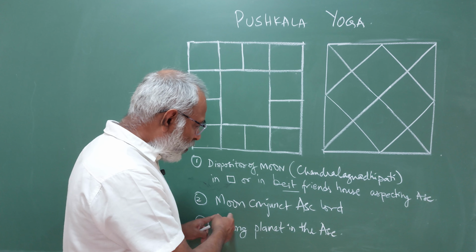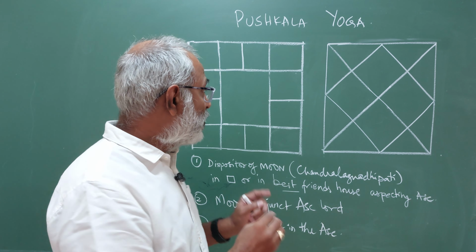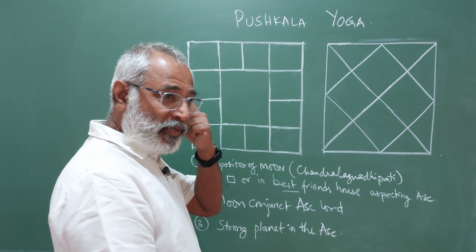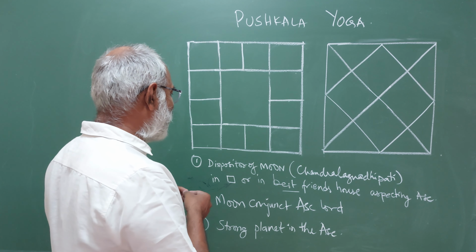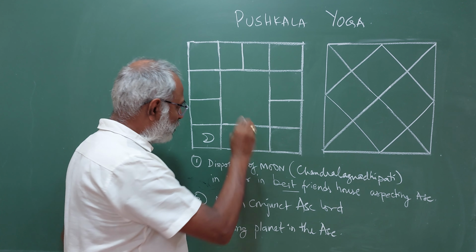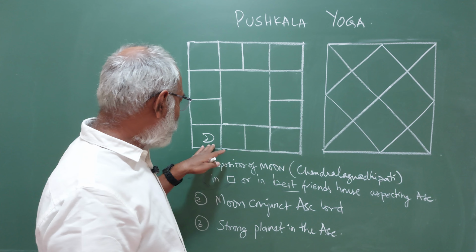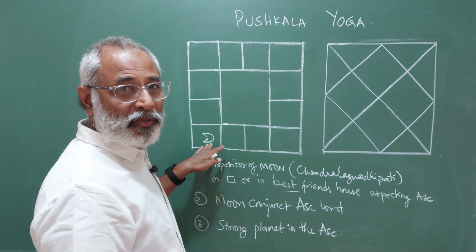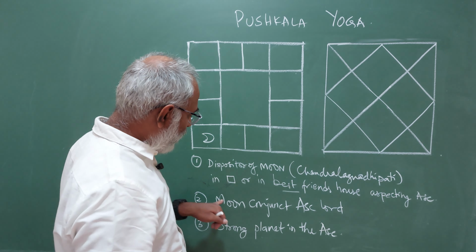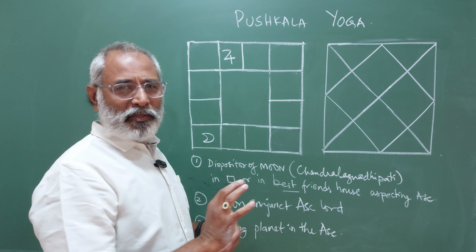Secondly, the moon should be conjunct the ascendant lord. Let us take an arbitrary example and put the moon in a place that is convenient for us to explain. The moon is in Sagittarius, and the lord of that, Jupiter, should be in a good place, in a friend's house.